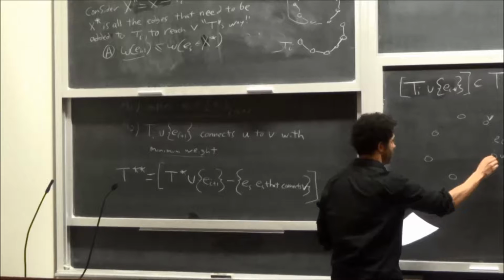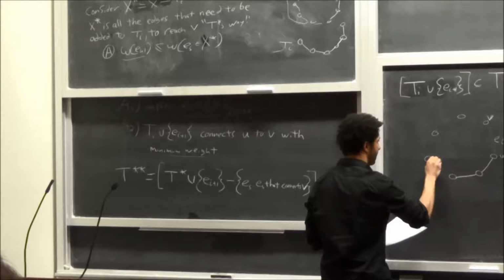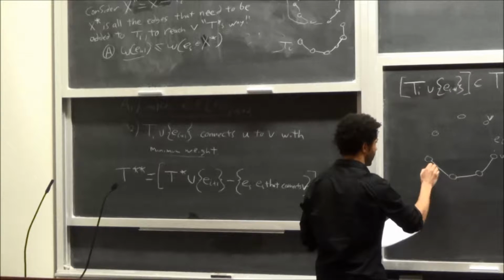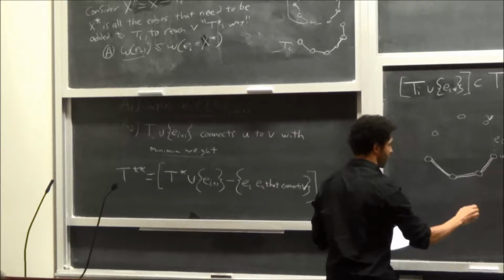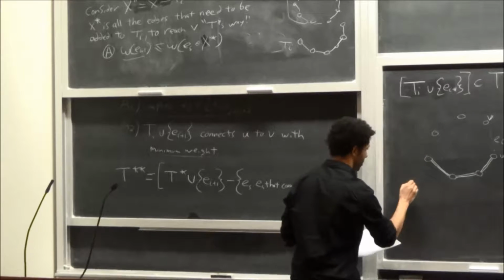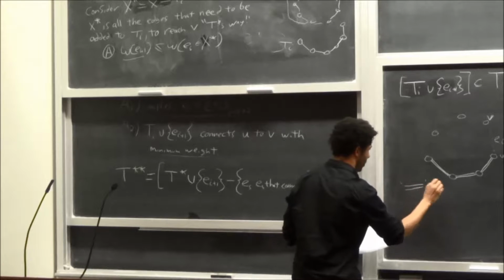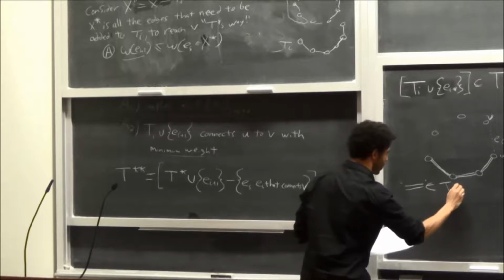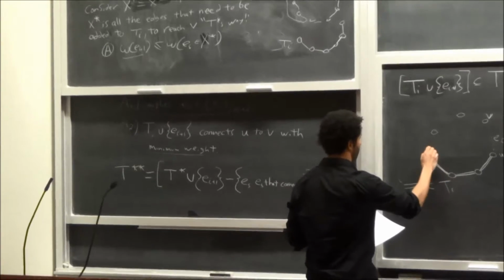And then potentially these double lines can be Ti.